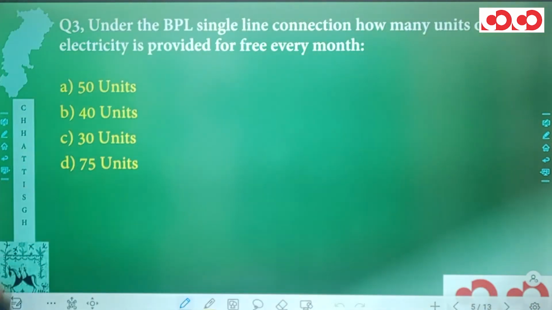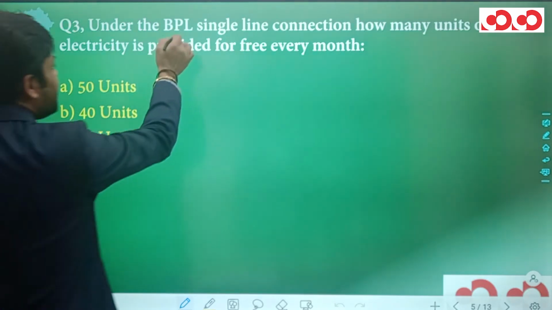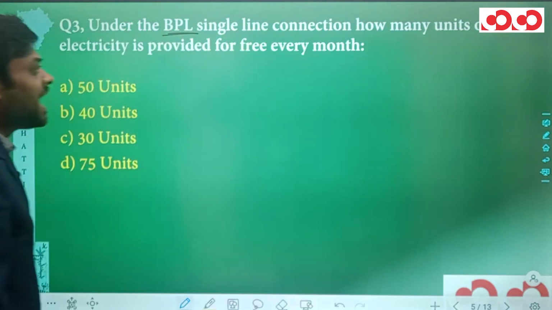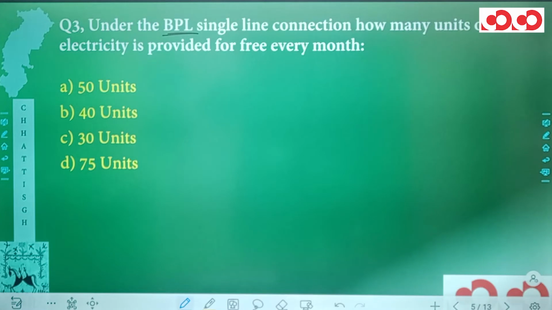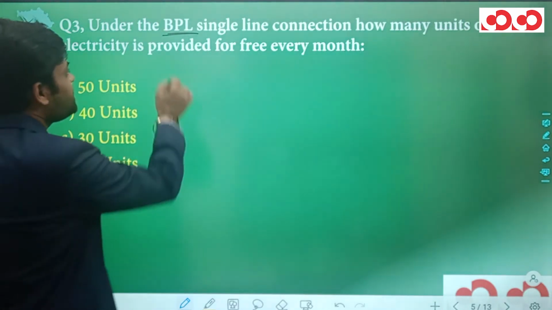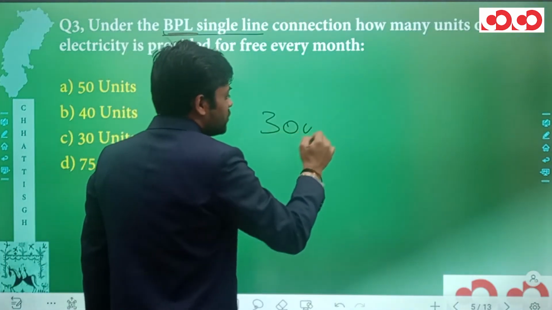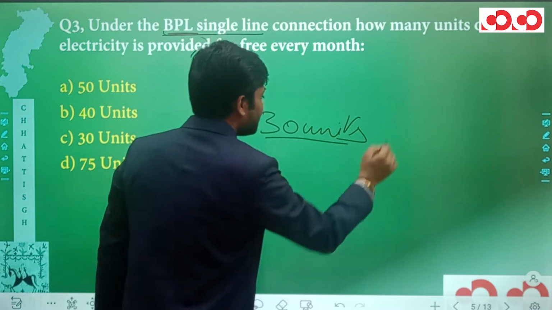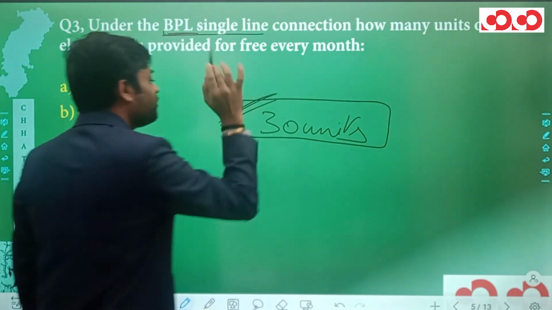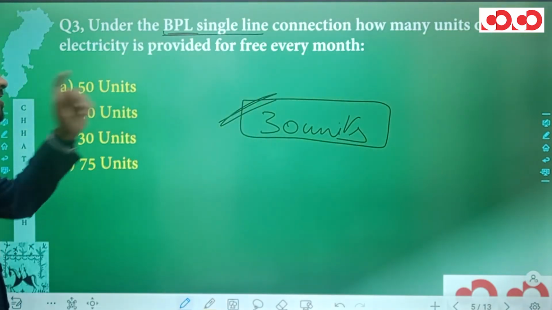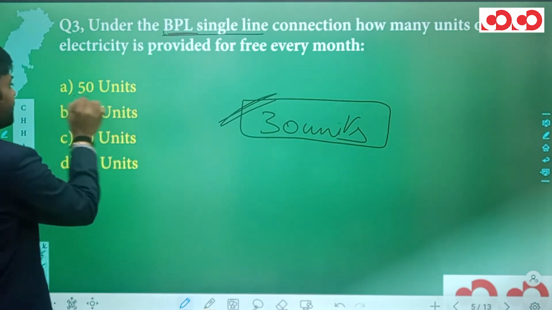In the third question we have, under the BPL single line connection, how many units of electricity is provided for free every month? Let me tell you, under this BPL single line connection, 30 units of electricity is provided for free every month. Now let us look at the options. In option A we have 50 units.